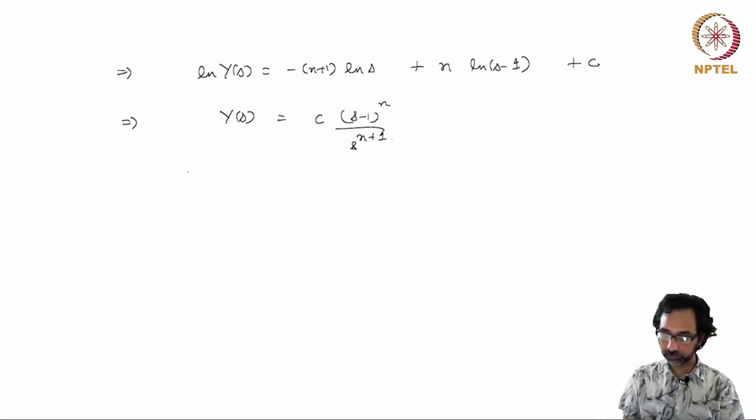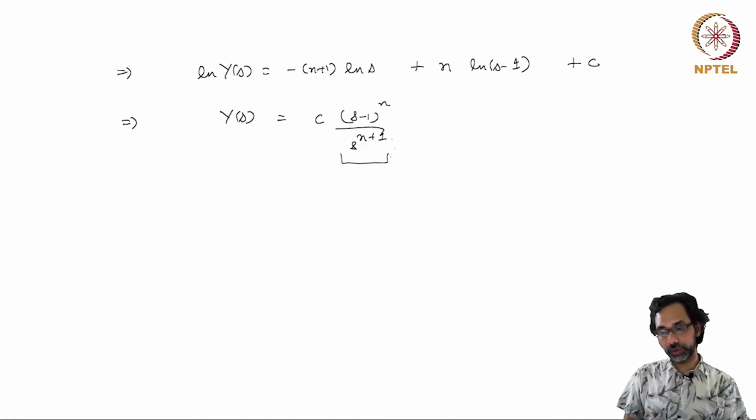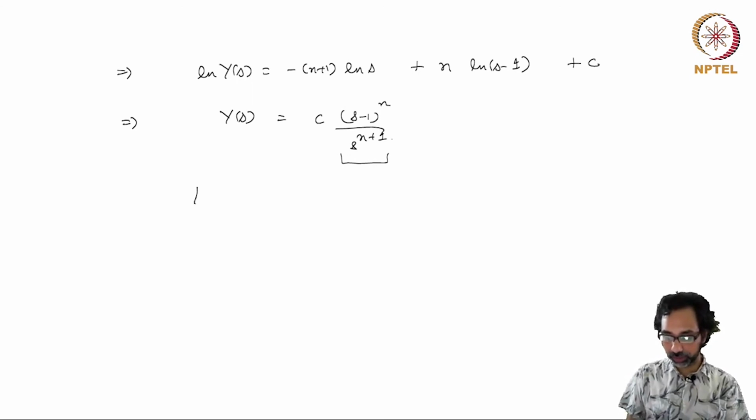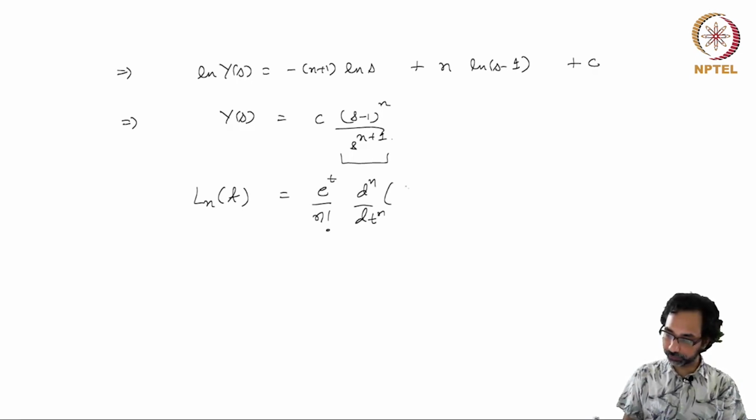Now again, we have already computed the Laplace transform of Laguerre polynomials, which gave us this answer (s minus 1) to the power n over s to the power n plus 1. So remember that the Laguerre polynomial for n is given by the formula e to the power t over n factorial, the nth derivative d^n over dt^n of e to the power minus t times t to the power n.